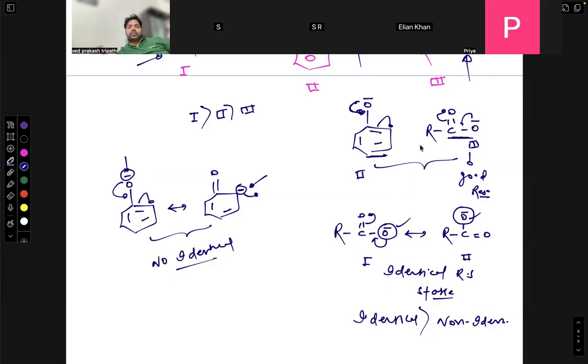Then you can apply the same concept. But whenever there is a comparison between identical and non-identical, identical dominates in terms of stability of resonance. Resonance high, nucleophilicity lower. Clear?